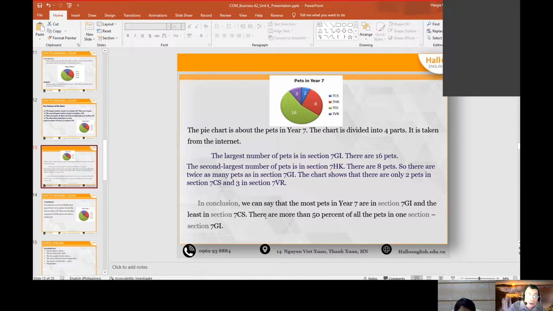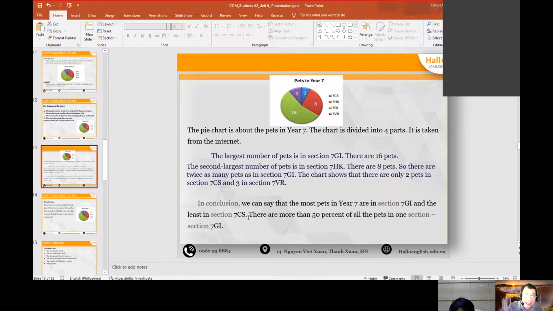And in the conclusion, you are going to say first the title, and then after that, what would be the impact or the result, which would be the most number of pets compared to the least one. And what would be your recommendation?